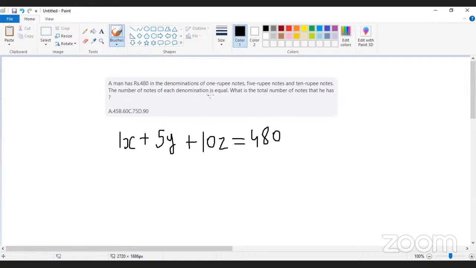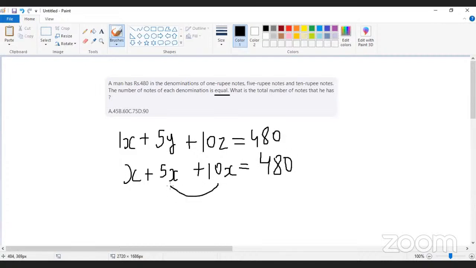The number of notes of each denomination is equal. So I'll take this as X, this as X, and this as X, because it is said the number of notes are equal. That's equal to 480. So X will be 3.